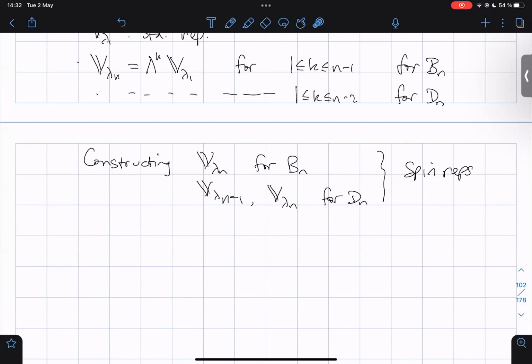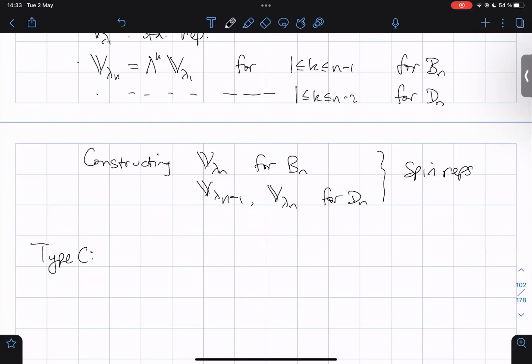For the SO odd case you have a single spin rep, whereas here you have two, sometimes called half spin reps or chiral spin reps. The vectors in these representations are called spinors. But that's a story for definitely another day.